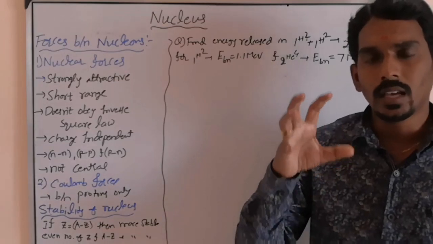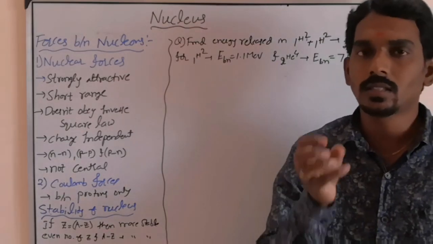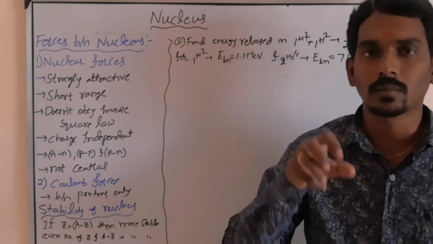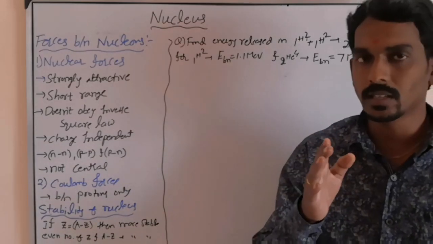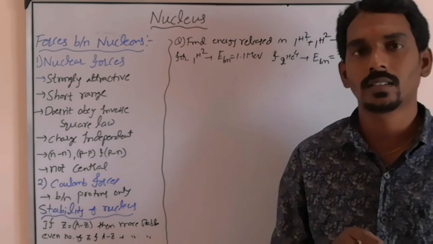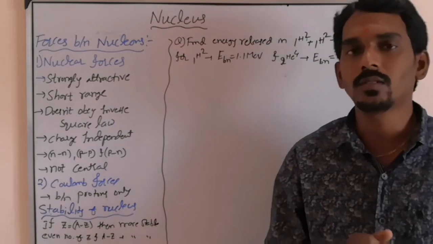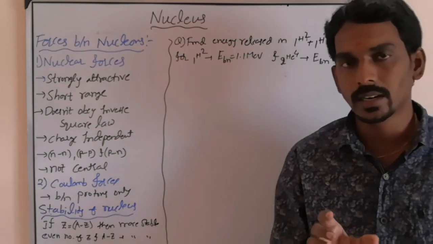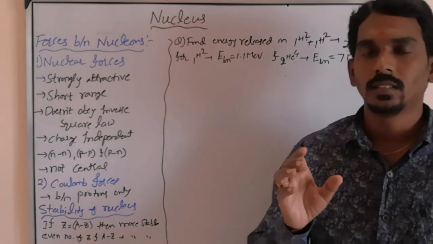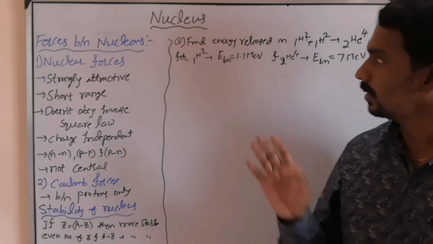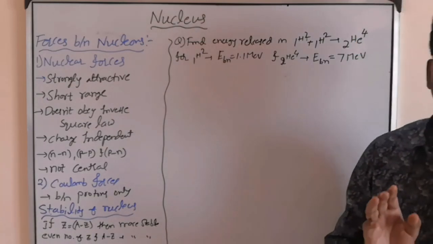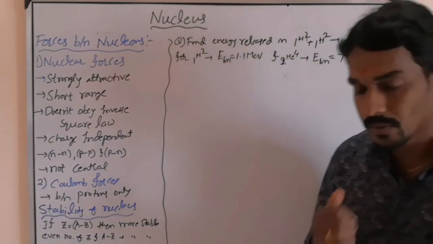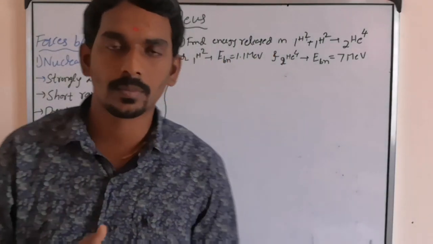But when they form together one nucleus, the actual mass is something else. There is always a slight difference, and that difference we call the mass defect. So with the calculated mass and the actual mass, you get the concept of binding energy.